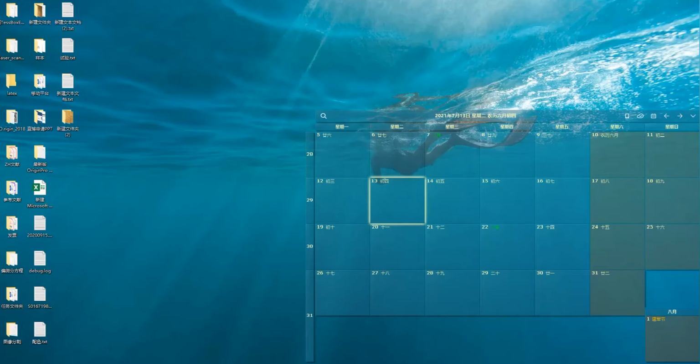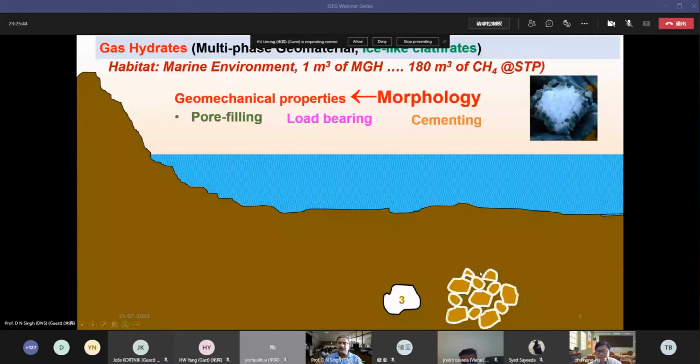And of course, the third one is the cementing, where the entire matrix gets cemented and it acts like a cemented sand. The biggest question is how to synthesize hydrates and how to detect what type of morphology is getting formed in these sediments. We are trying to do these types of studies, but still, I think a long way to go. There are many challenges.